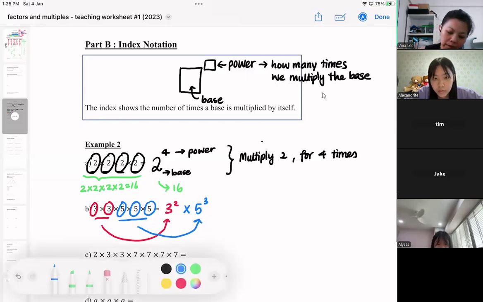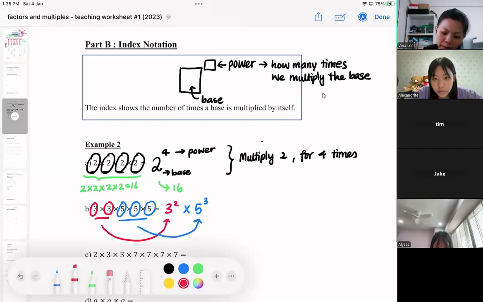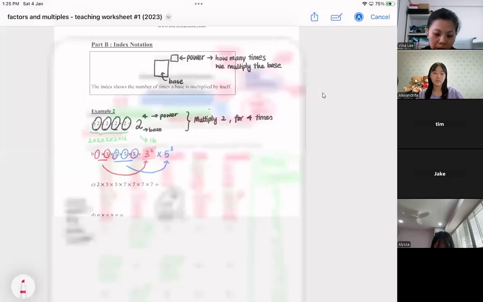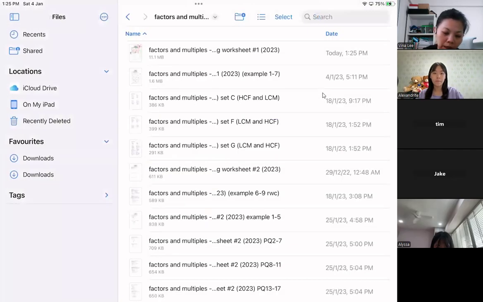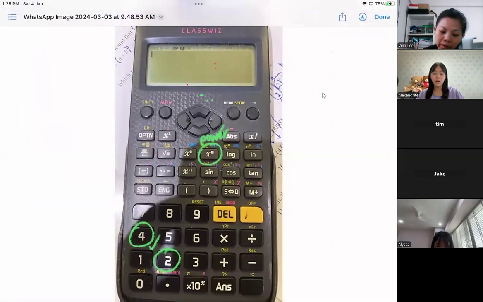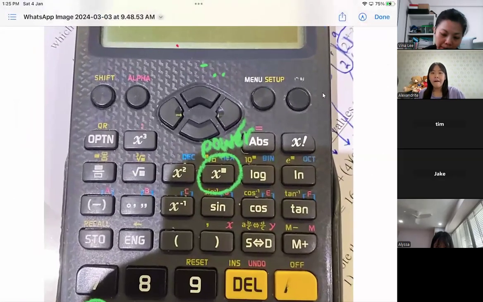If you look at this part, there's also a square button on your calculator. Just now I showed you a power button. Can you see the square button? The square button is here.